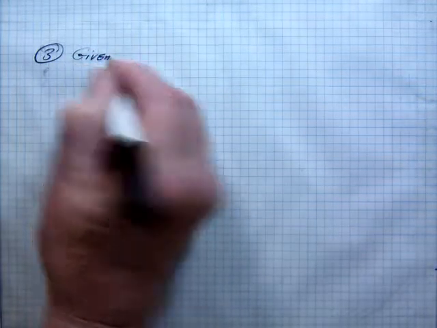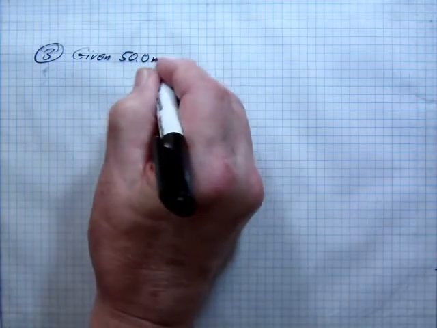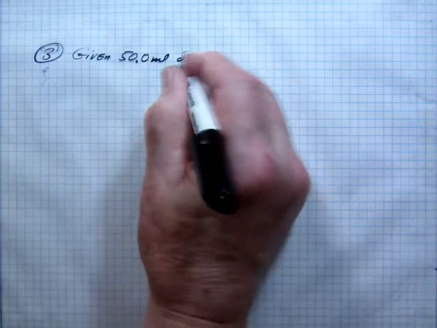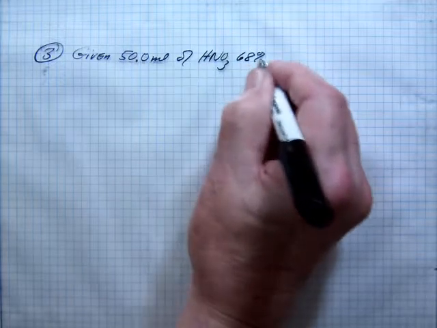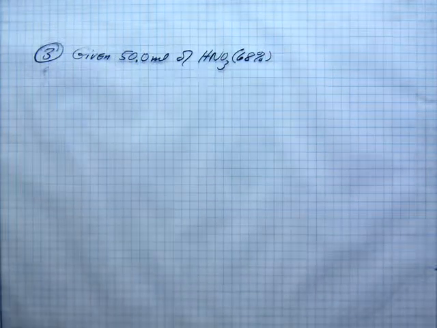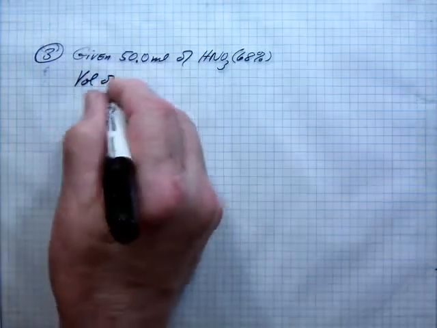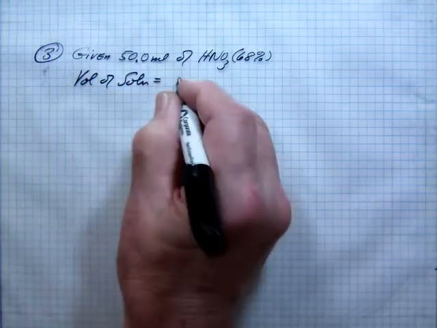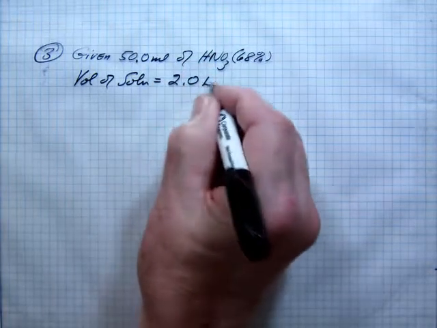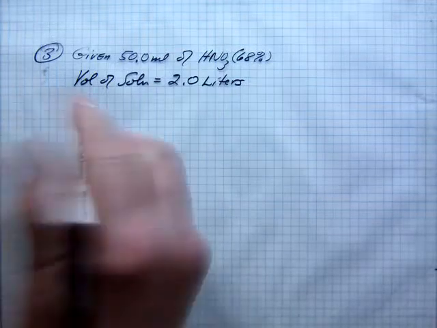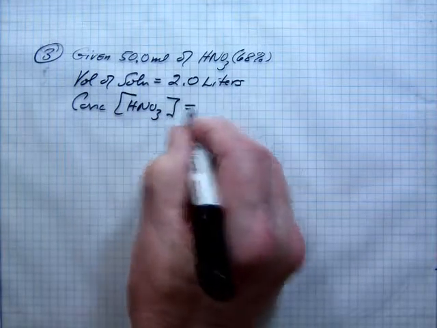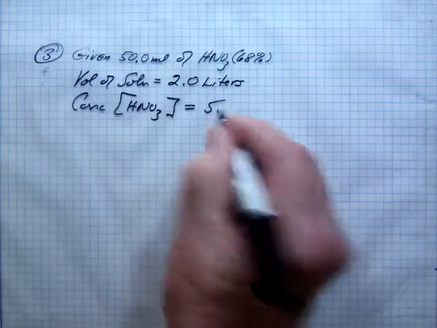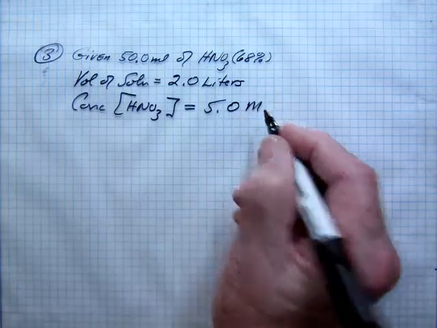So we're given 50 milliliters of HNO3, and it looks like 68% concentrate, and the volume of solution is 2.0 liters, and concentration is 5.0 molar aqueous.